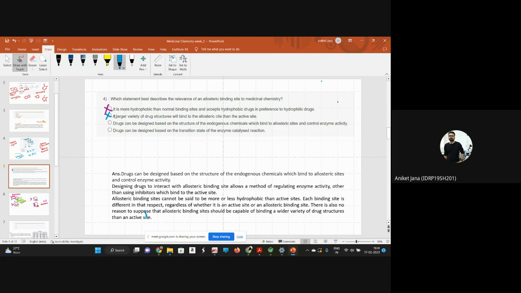So our right answer is the third option: drugs can be designed based on the structure of the endogenous chemicals which bind to the allosteric site and control enzyme activity. Let's move to our next question.